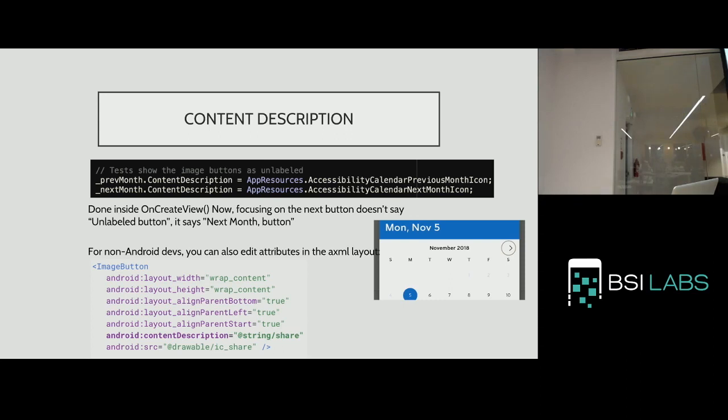So the user hears "IC underscore cone, November 2018, IC underscore cone Y." What's going on? All you gotta do is set a content description on the image. So we just set the content description to text next month button. That's it. And it makes a world of a difference for users.